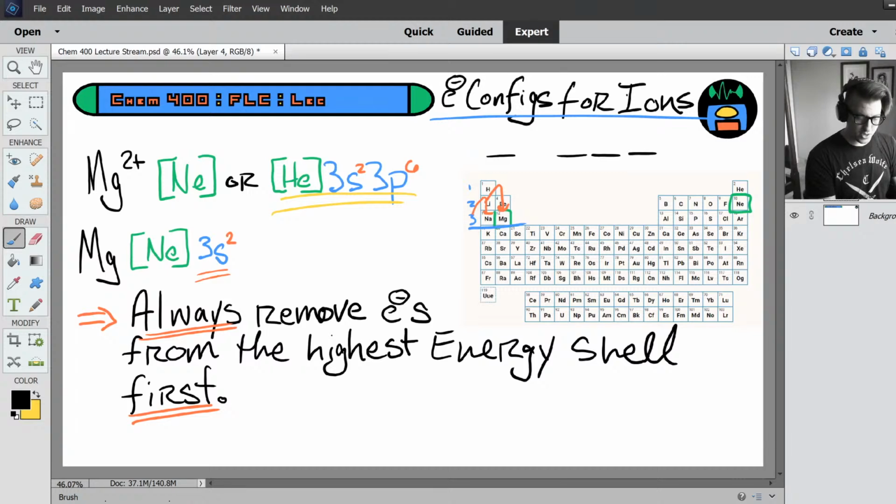because to do the orbital diagram for magnesium, you need to know that you have, oh sorry, I messed this up. Neon is not 3s, 3p, it's 2s, 2p. Oops. The orbital diagram for magnesium 2+ has electrons in the 2s and 2p subshells.